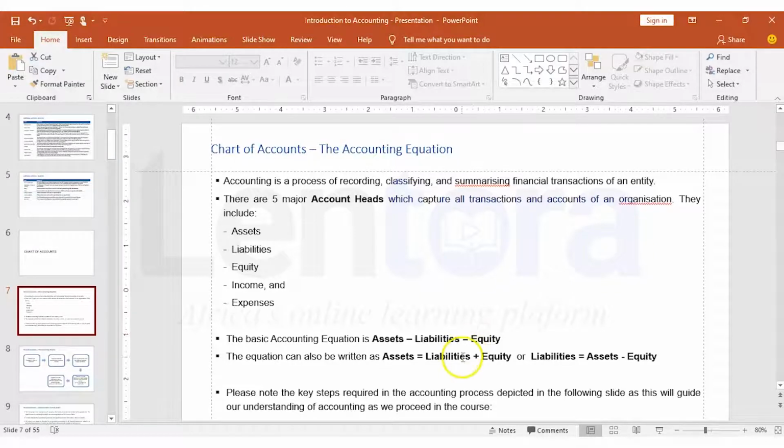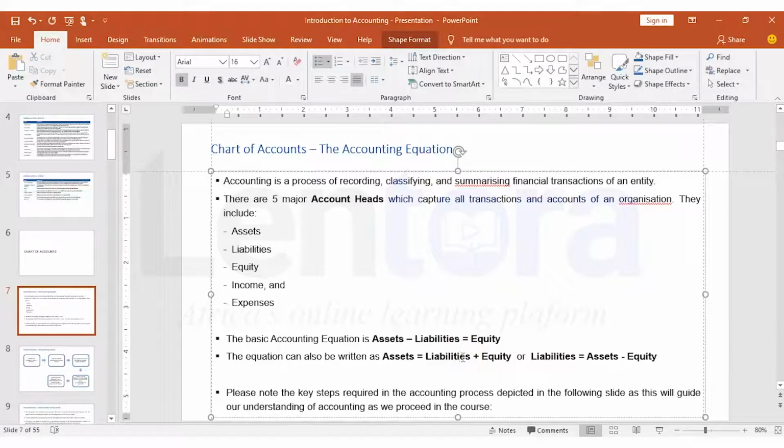If you look at it from the perspective of assets equal liabilities plus equity, you get to understand that assets are funded by the money you've borrowed, which are your liabilities, plus the money you have invested yourself as the owner.